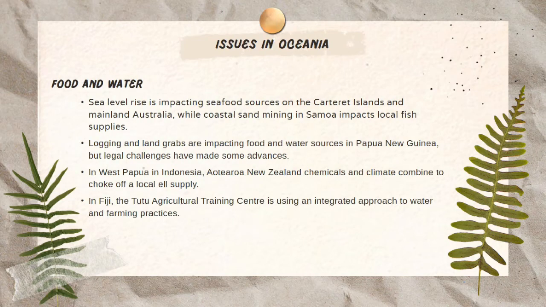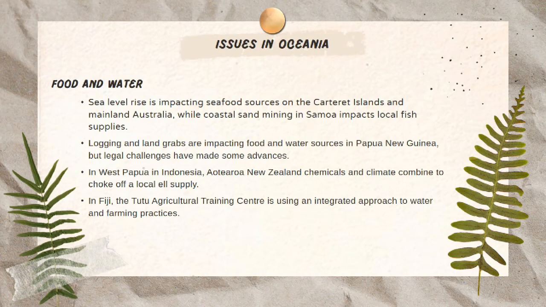Third is food and water. Sea level rise is impacting seafood sources on the Carteret Islands and mainland Australia, while coastal sand mining in Samoa impacts local fish supplies. Logging and land grabs are impacting food and water sources in Papua New Guinea, but legal challenges have made some advances.